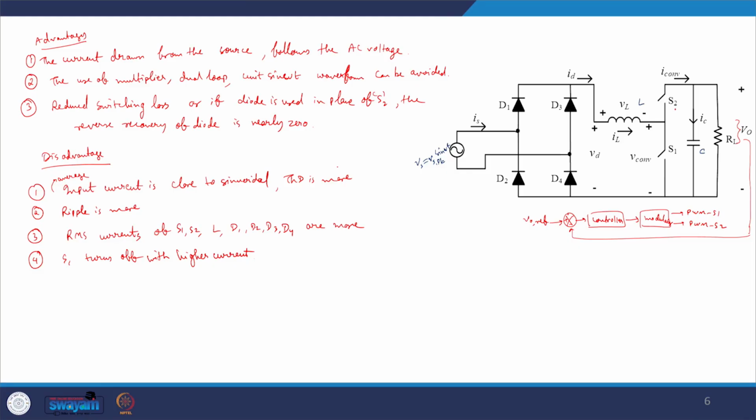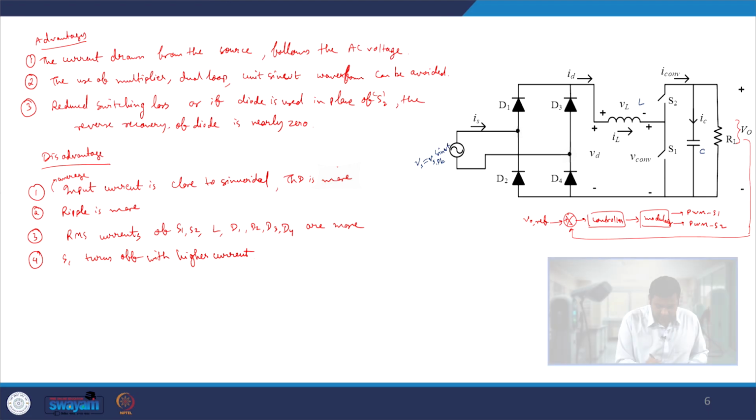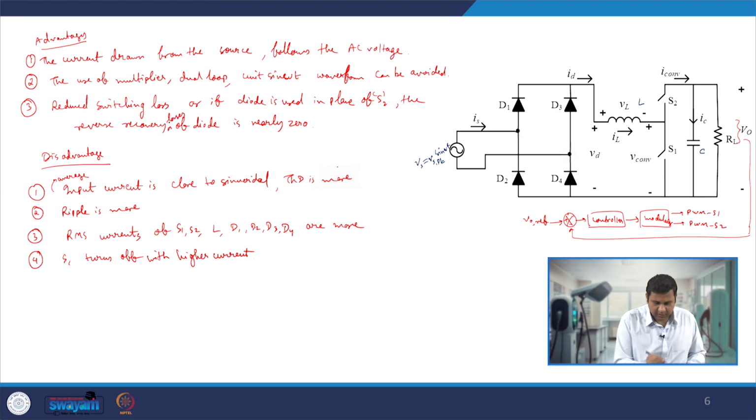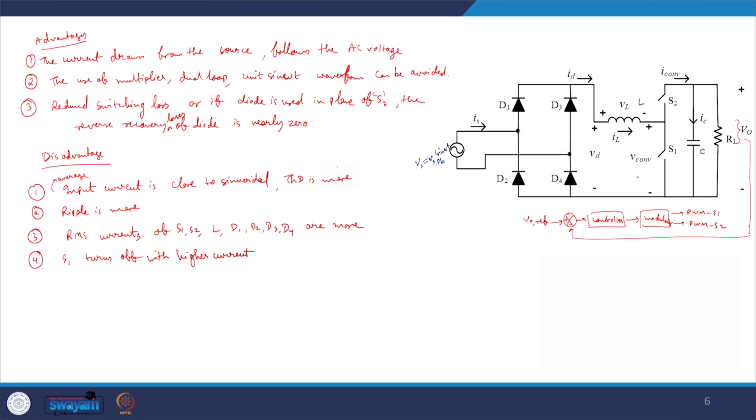And one more advantage we will get, because of DCM: if we realize the S2 switch with a diode, the diode turns off with very little reverse recovery loss, or the reverse recovery loss of the diode is nearly 0. And one more thing we will see: when doing the closed loop operation, we do not need any dual loop structure, we do not need any multiplication factor, or any unit sine waveform generation.